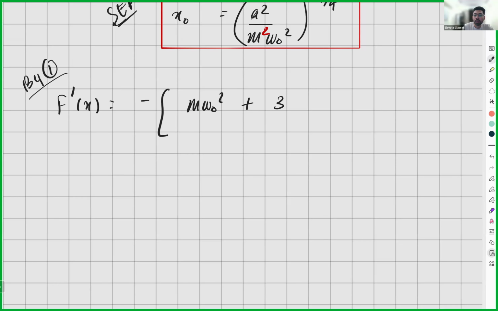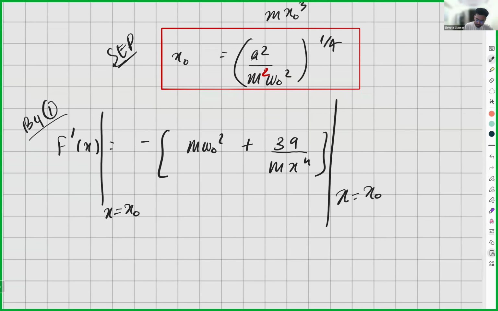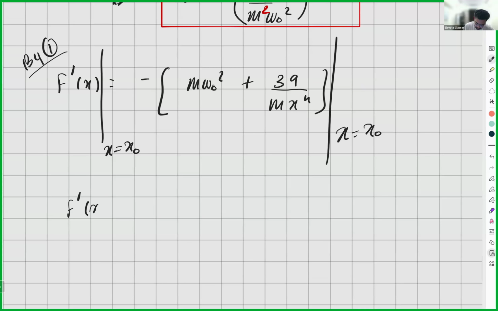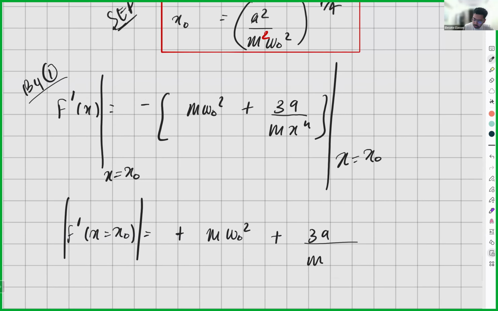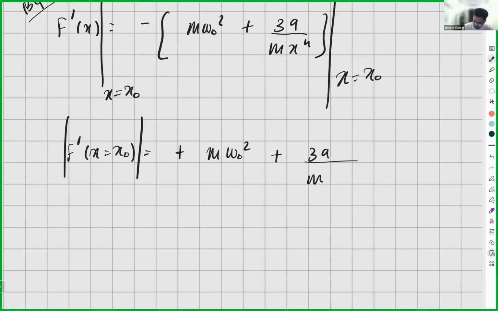And what I do is I put x equal to x naught over here, and x naught I know. When I do that, let us also take the modulus, so it will become positive. It will become m omega naught square plus 3a by m, and this thing a square by m square omega naught square to the power 4.